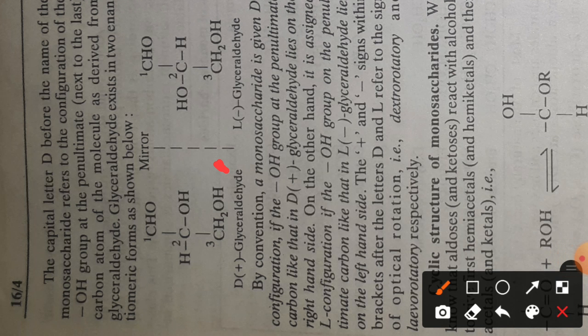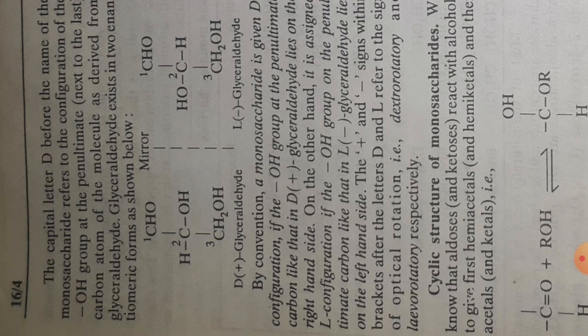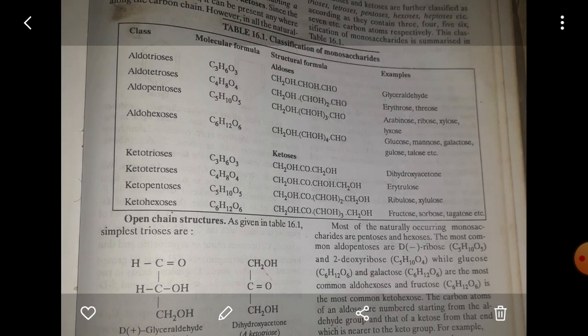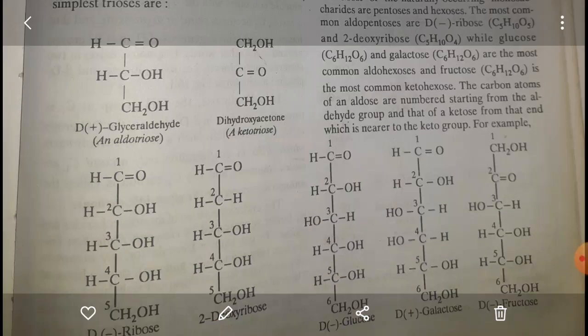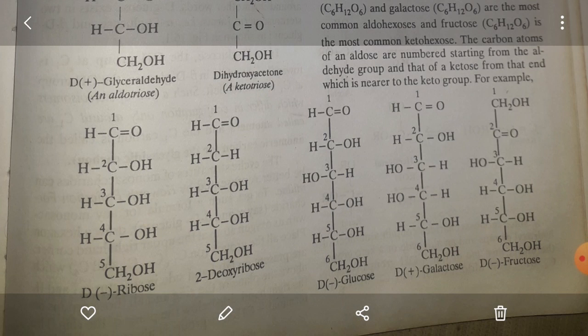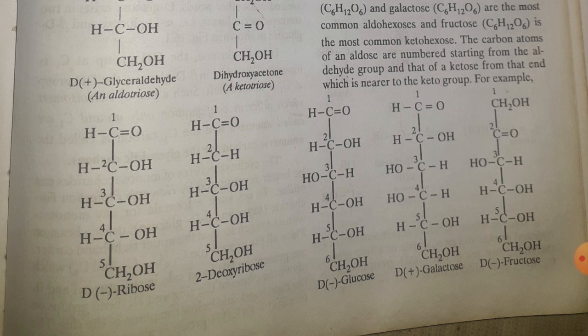what is the configuration of that second carbon atom? Depending upon that, we are writing D and L. So look at the structures we are dealing with. In all these structures, look at the carbon atom second from the bottom.